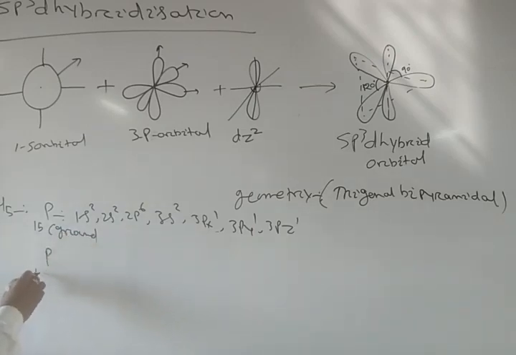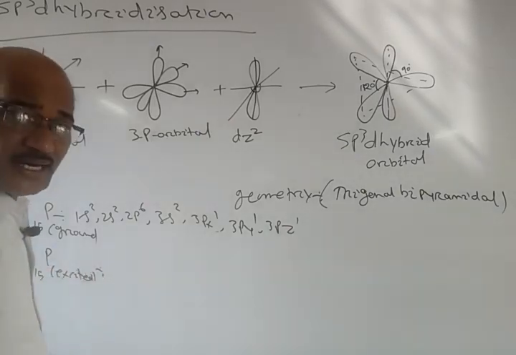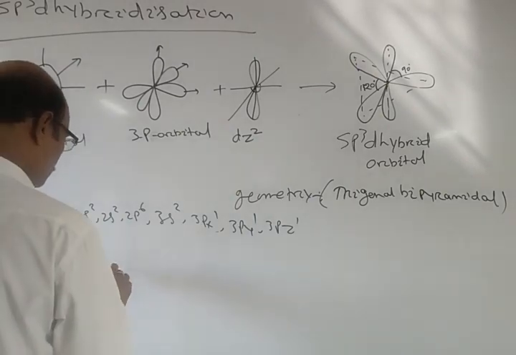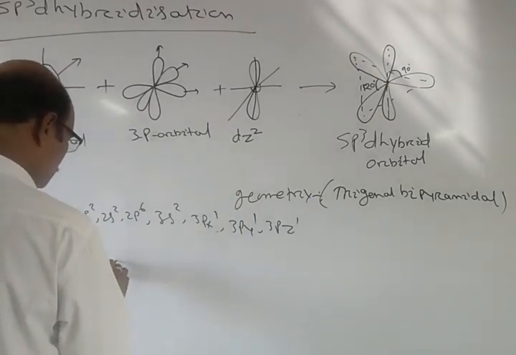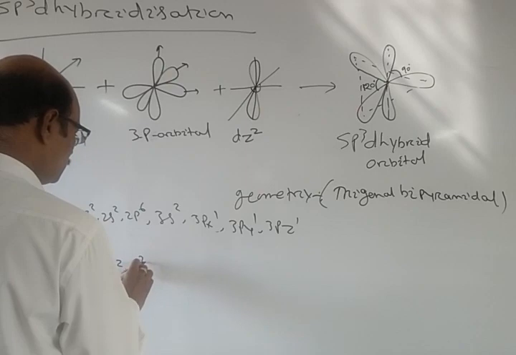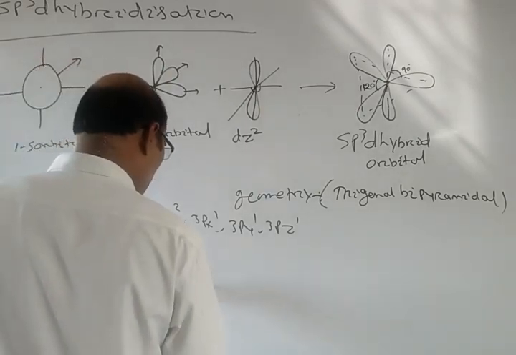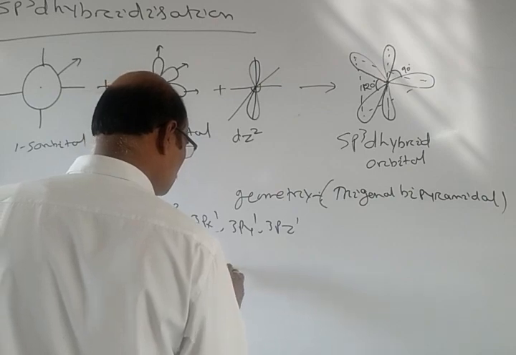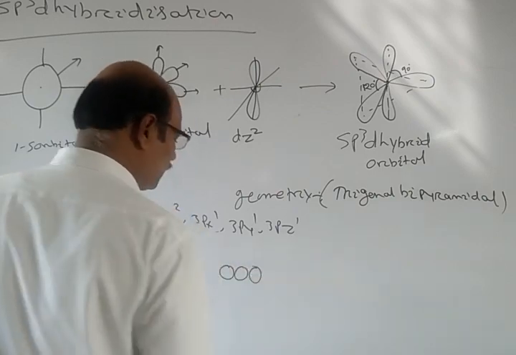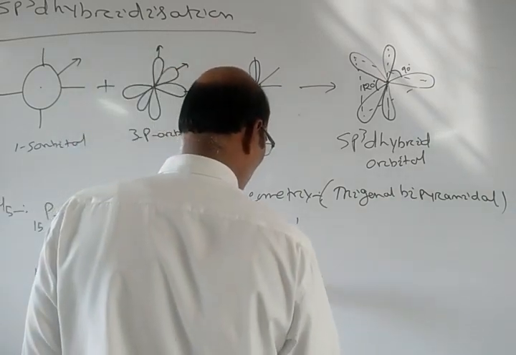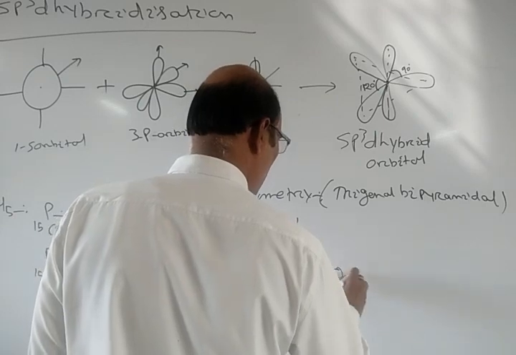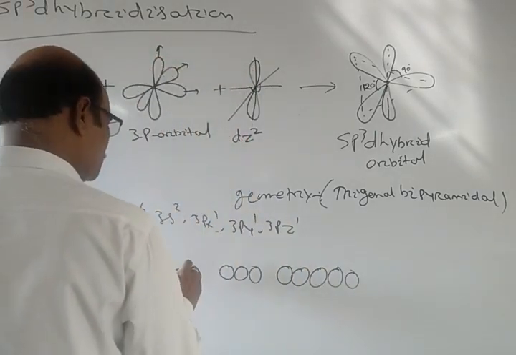Now when phosphorus is excited, we get 1s2, 2s2, 2p6, 3s2, 3p3.